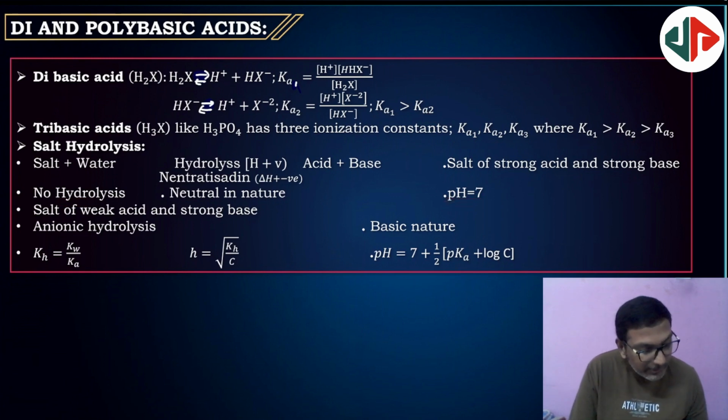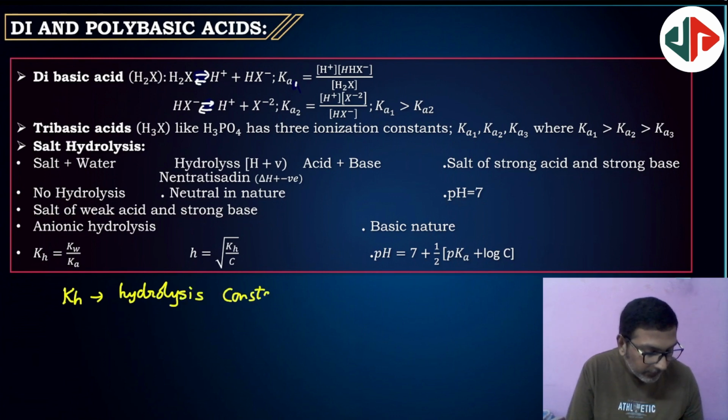Next, salt of weak acid and strong base. Basic nature, pH greater than 7. Kh is the hydrolysis constant, and h is the degree of hydrolysis.